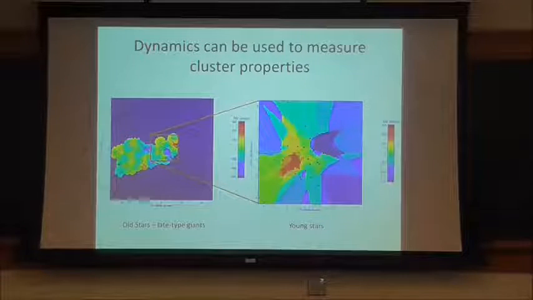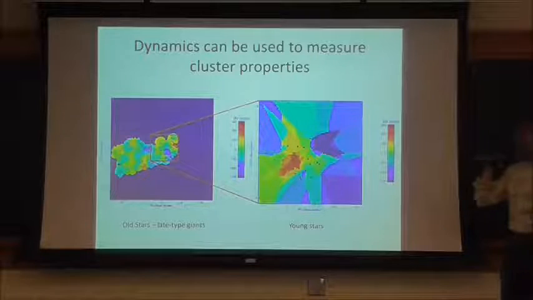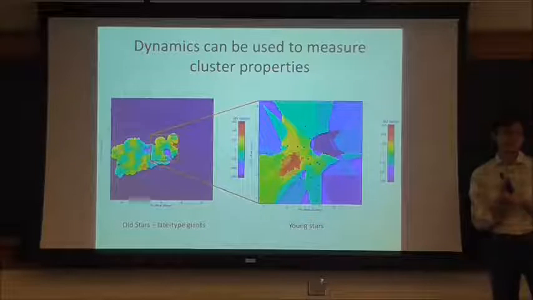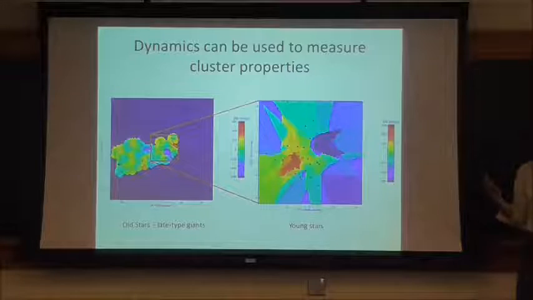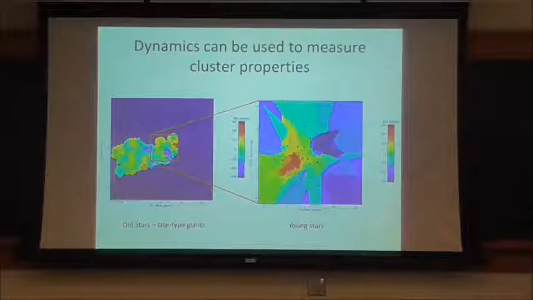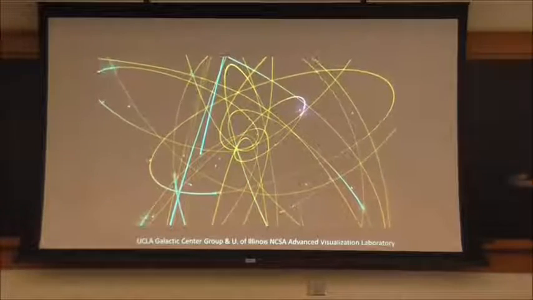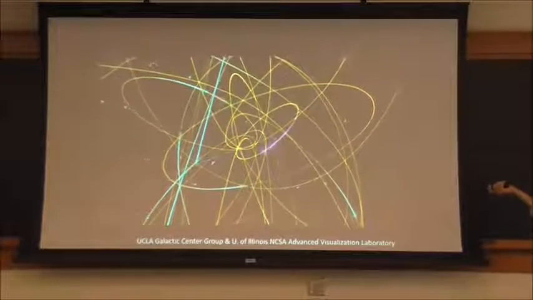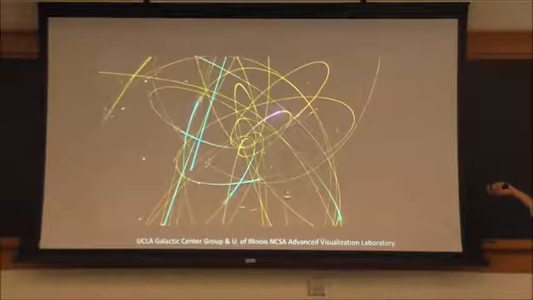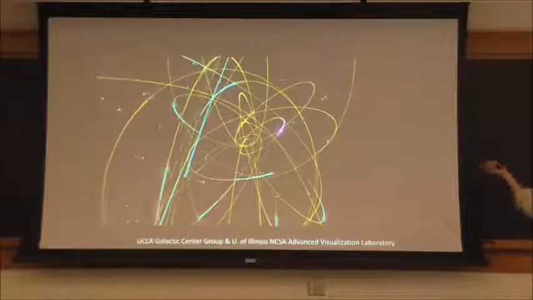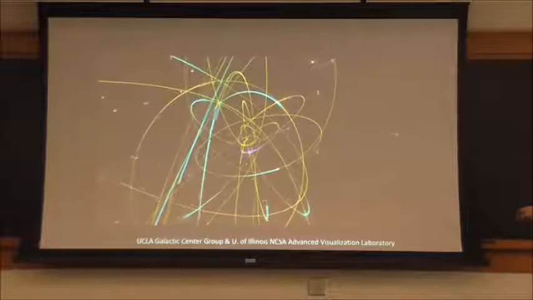In fact, if you put together the proper motion and the radial velocity for the young stars, you can make a dynamical model of the cluster by just getting the orbits, essentially. So this is what this movie is. I like this movie. In blue, these little green points are the young stars at the Galactic Center.